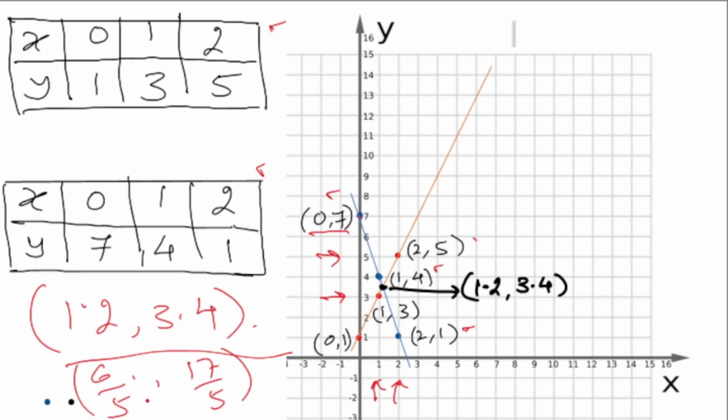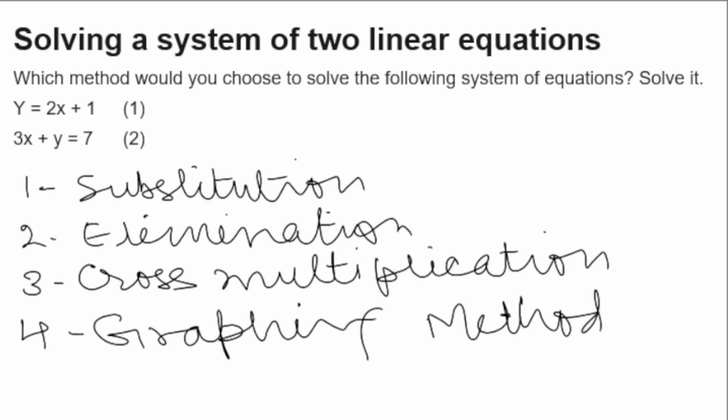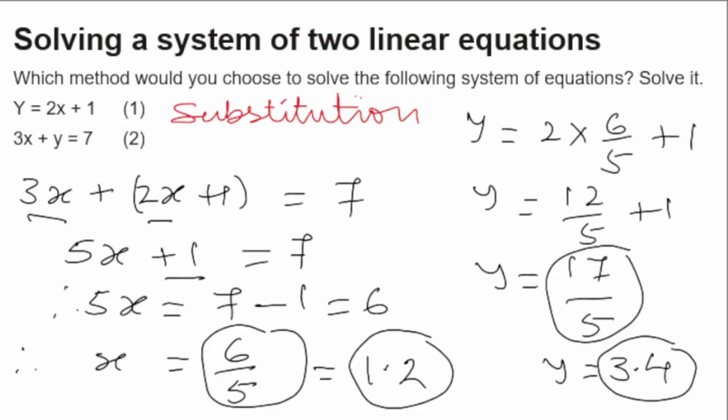Right? So as you have seen, all the 4 methods which I had told you, that is substitution method, elimination method, cross multiplication method, and graphing method. So in the first method, that is substitution method, we have done the least effort.